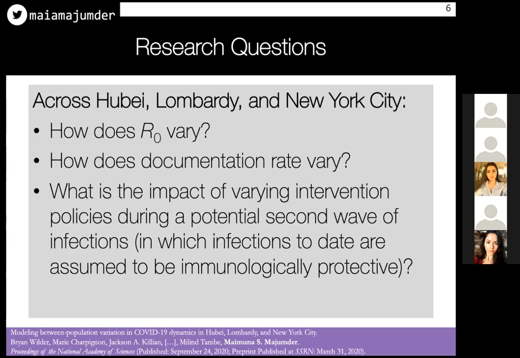And finally, recalling the number of non-pharmaceutical intervention policies that have been deployed around the world since the beginning of the pandemic, interventions that we're still employing in some regions today due to lack of vaccine access and emergence of variants, what is the impact of varying policy recommendations during a new wave of infections across locations?